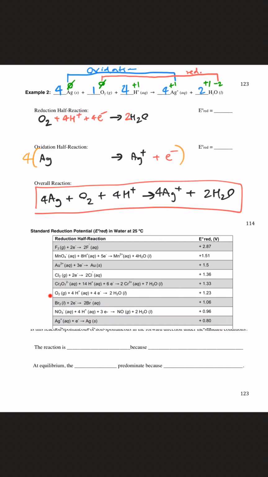Okay, so therefore, the standard reduction potential for this reduction half reaction would equal 1.23. Okay, so it comes from this one right here. And another one is the silver to silver ions, this one.